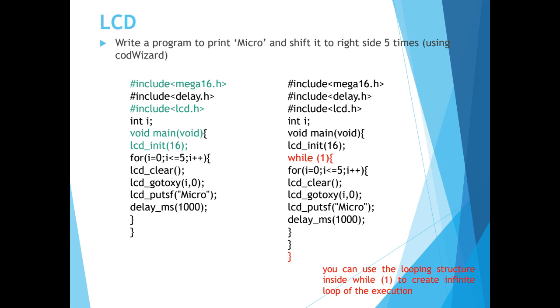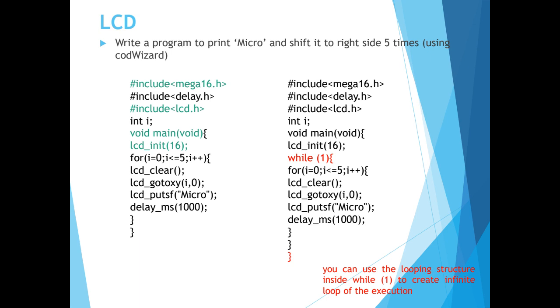So, as you remember, in the previous session we talked about LCD, and I think we had one or more codes related to LCD. Today I want to continue my discussion with different codes related to the LCD, and also I want to work with Code Wizard.